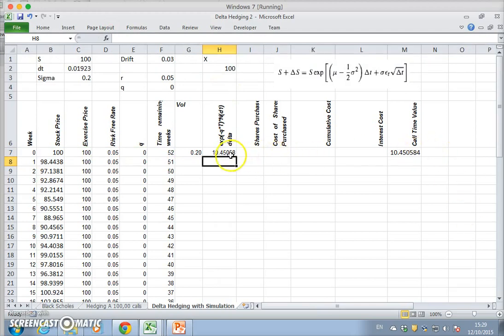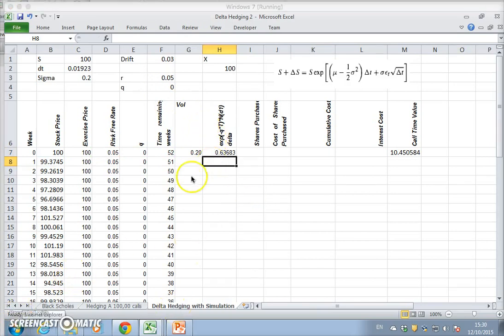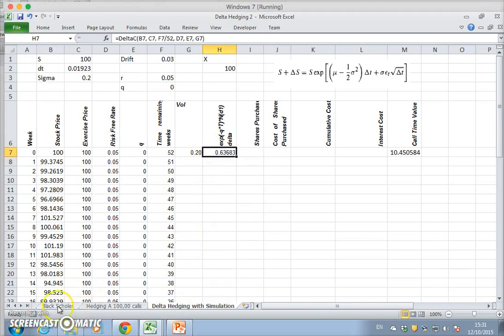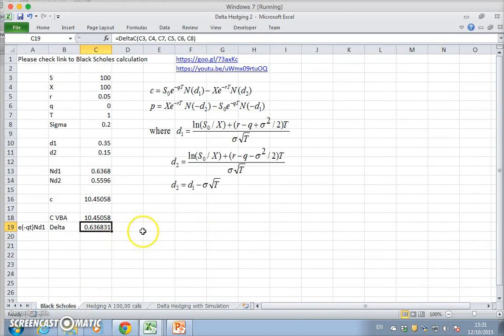getting the same value, fine, and instead of saying BSM whatever, we'll say delta capital C, and we've been prompted already for that. Okay, and the value of 0.63, which if we check is the same as what we had before.